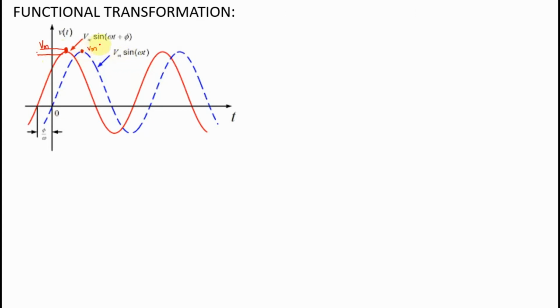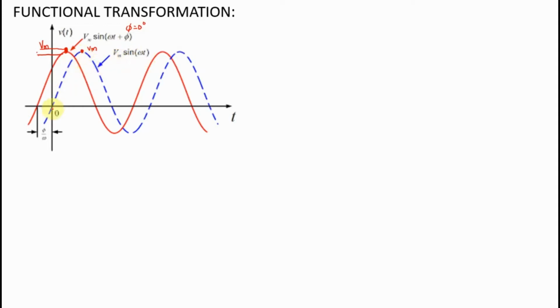You'll notice that if phi has a positive value, a positive angle, the curve will start here, between 0 and the point of intersection with the horizontal line. You set that to 0. If phi is equal to 0 degrees, it only gives us Vm sine omega t.